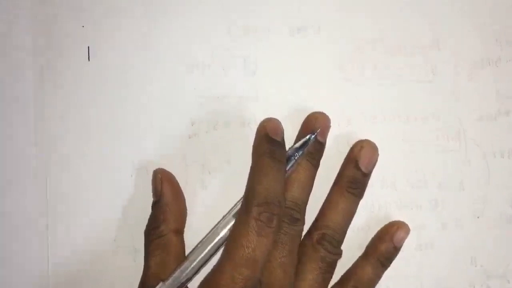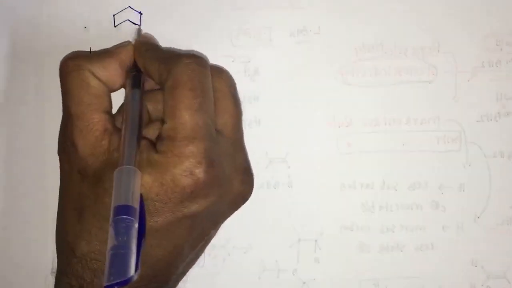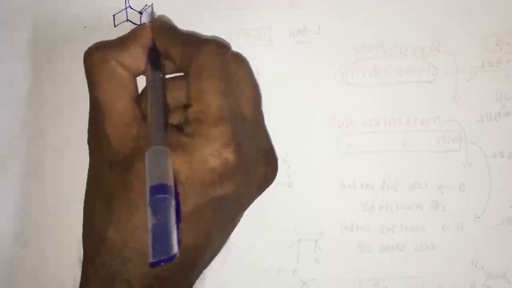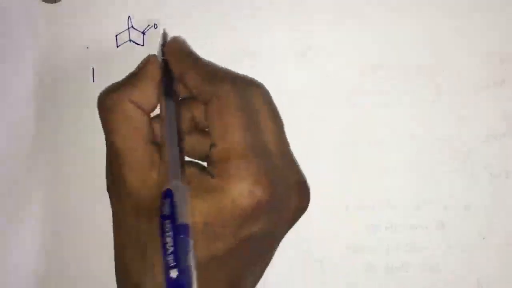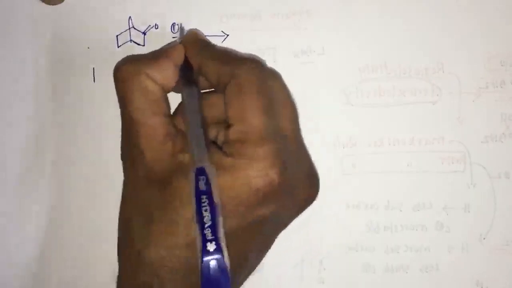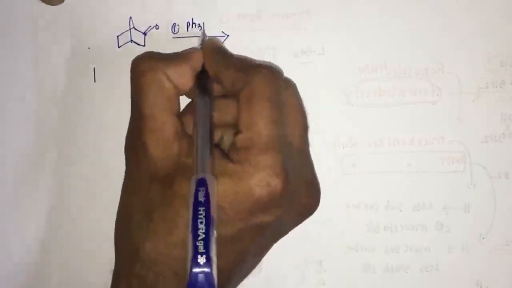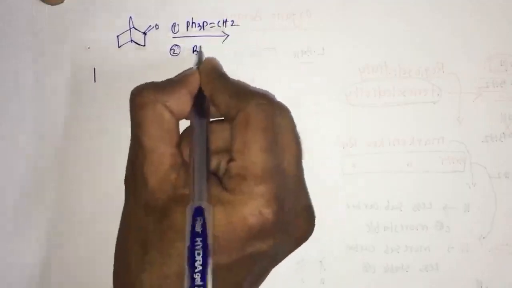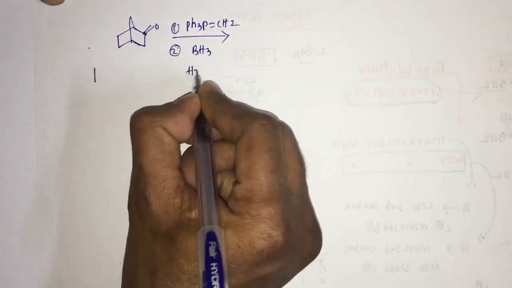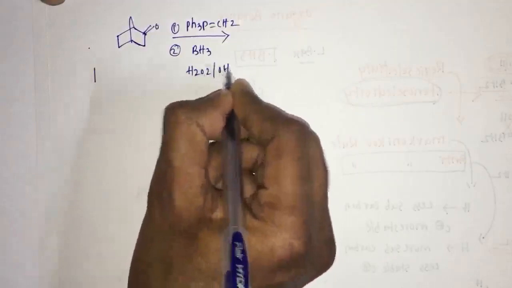And then here we have one example. In the first step we have BH3, P double bond CH2. In the second step we have BH3 and H2O2, OH minus.